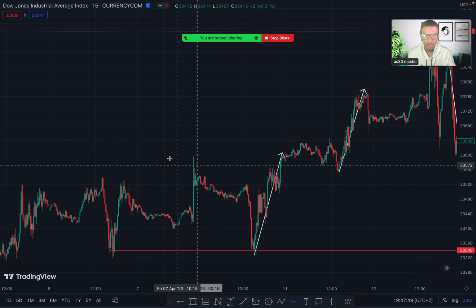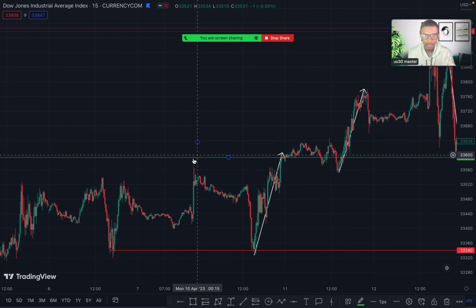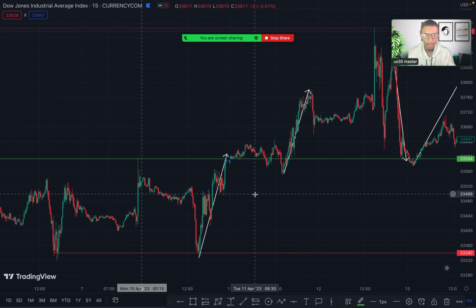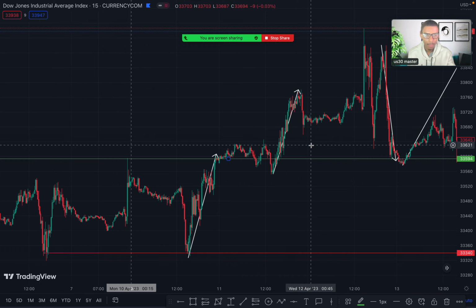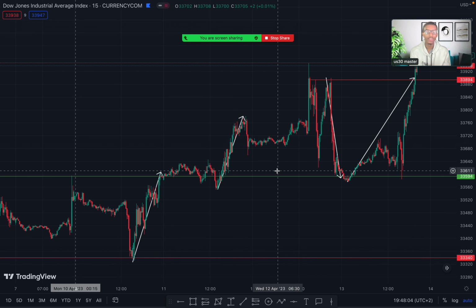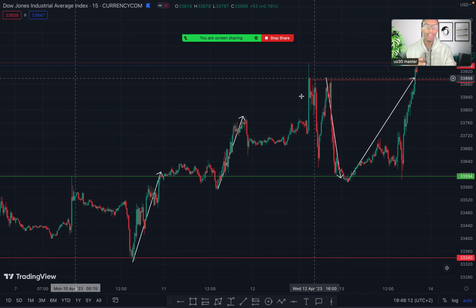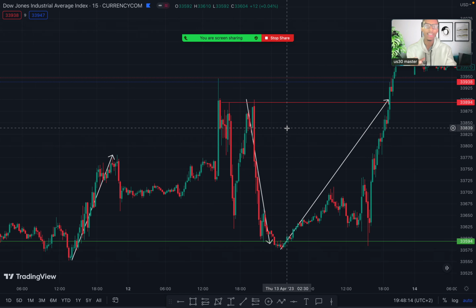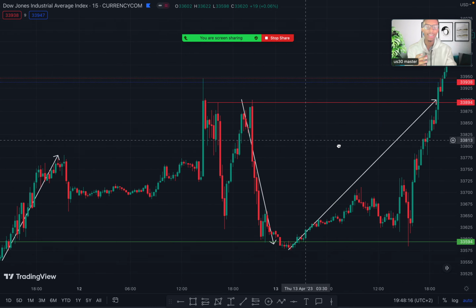So you can draw a ray there and see what caused the strong sell, then what caused the strong buy, and then what caused the strong sell. Okay, so I have my rays there, and now I'm going to go deeper and try to understand why it rejected at that area. So we're going to start here and check why it rejected here.